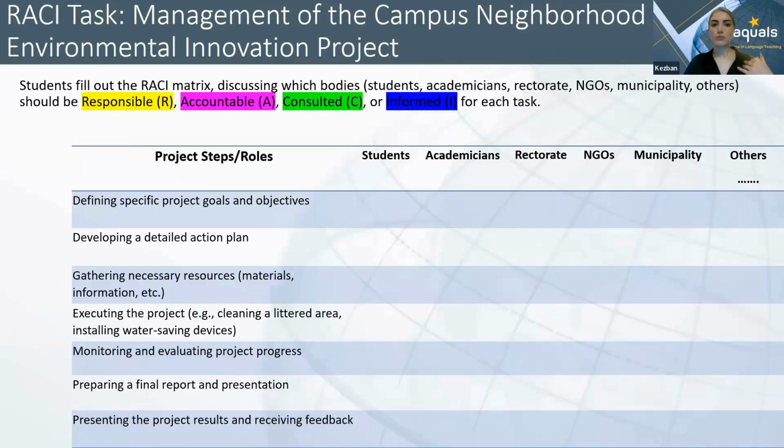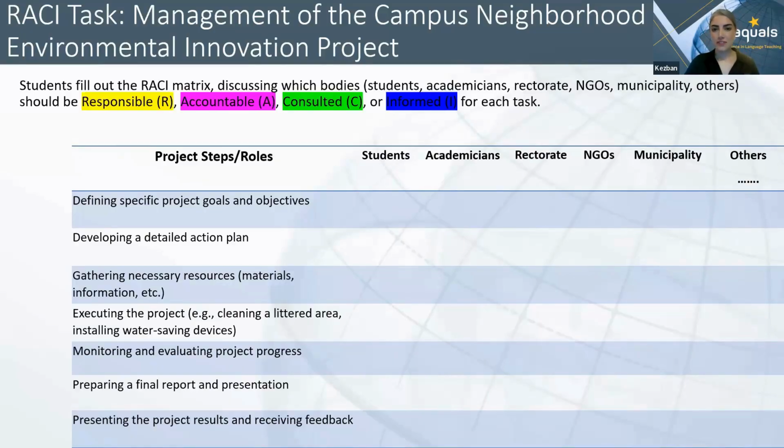So you would remember, as the last step of the SCAMPER matrix, they decided on the project steps and listed them down. This time, after listing all the project steps, they were to decide who is going to be doing what, the role, in this environmental innovation project they were to develop and execute, hypothetically, in the first place.